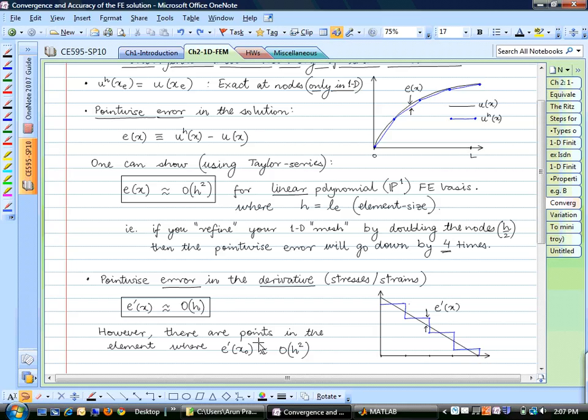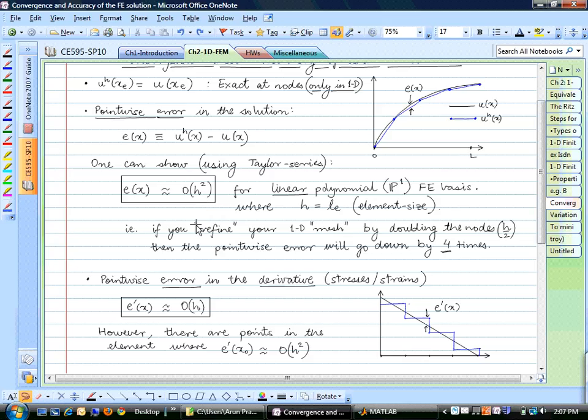You double the number of nodes, your error goes down by 2. So this relationship is that the error in the derivative is 1 order less than the error in your displacements.